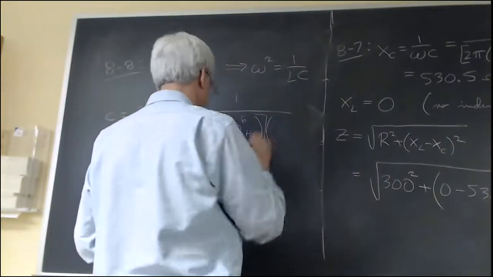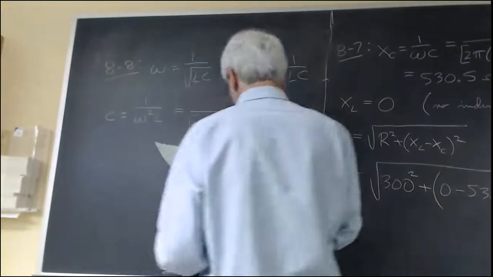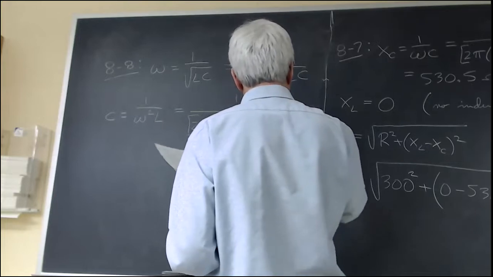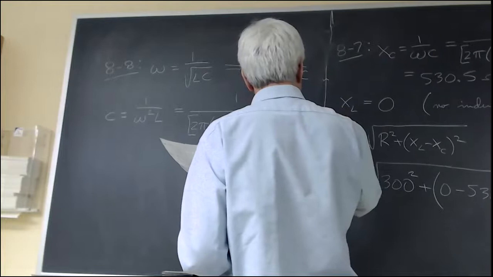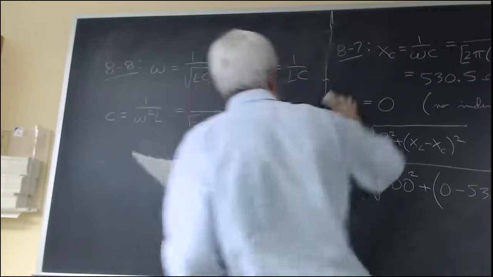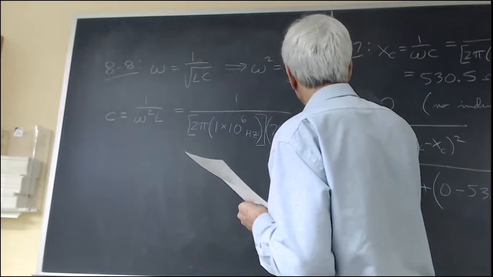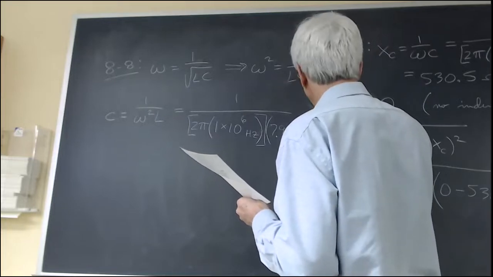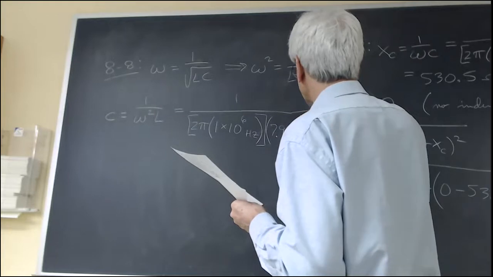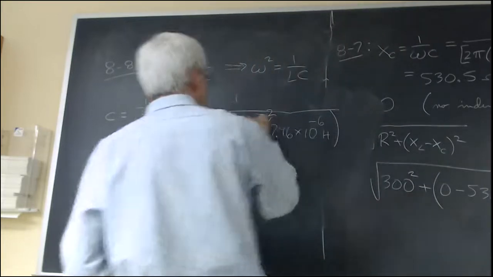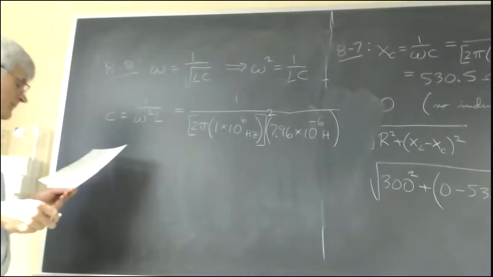And 7.96 times 10 to the negative 6 of a Henry. And don't forget to square. I almost forgot my little 2 there.